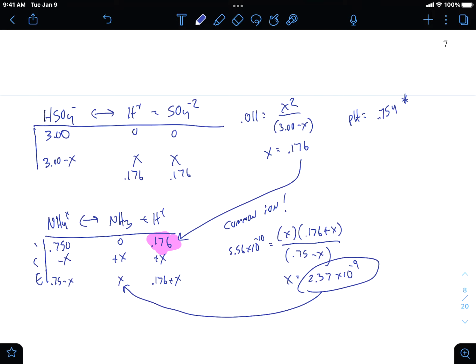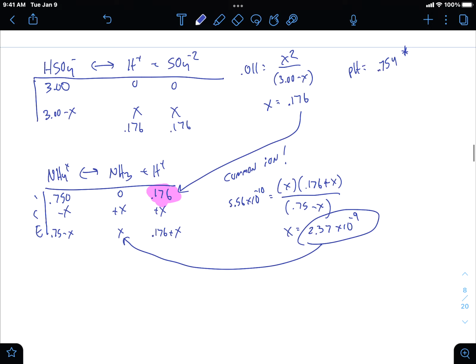Okay, let me ask you this. When I add 2.37 times 10 to the negative 9th to 0.176, how much does the value change? Based on how many sig figs were allowed, it doesn't even change. Look how tiny of an addition that is.